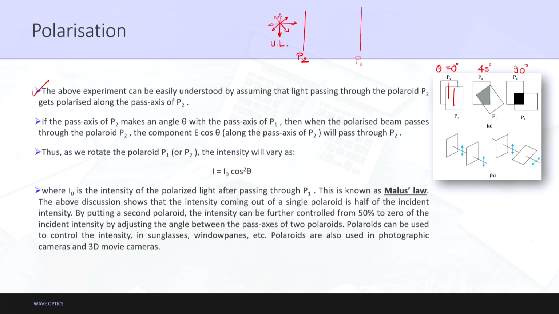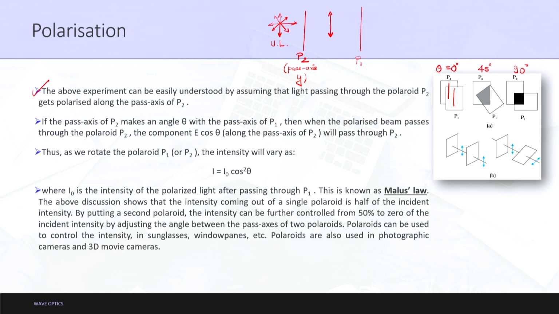Now for our case, let us take the scenario that P2 has a pass axis of Y. So if it has a pass axis Y, then the polarized light which we will get from this scenario will be of this sequence.